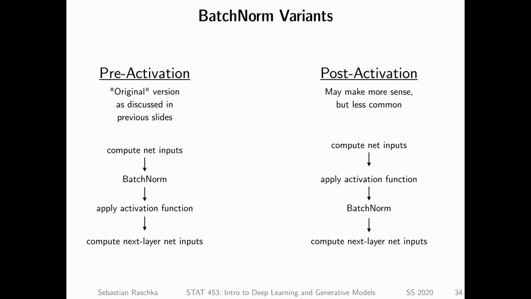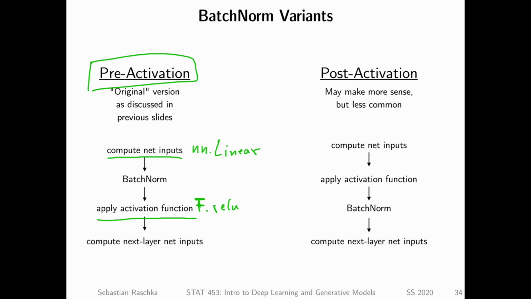Okay, now some minor practical considerations with batch norm. As we've seen in the previous slides, the original paper proposed putting batch norm after the layer that computes the net inputs. In PyTorch terms, that's after we apply the linear layer and before we apply the activation function, for example, our ReLU function. This is how we usually apply batch norm.